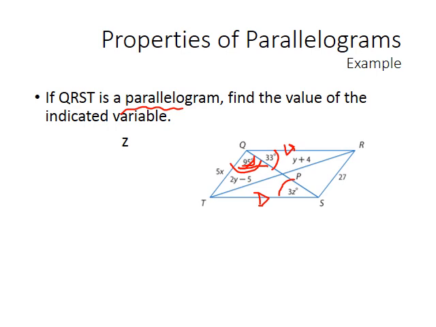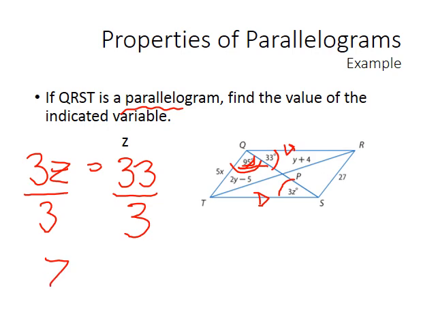Those are alternate interior angles, as you may remember. So we know that 3z has to be equal to 33 degrees. Alternate interior angles are congruent, so these have to be equal. Real quick, divide both sides by 3, and z equals 11.